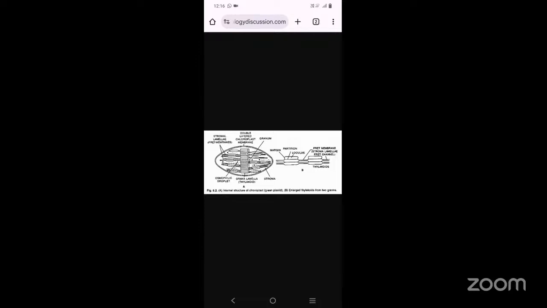But their amount is very small. These are insoluble in water and are precursors of vitamin A. There are two types of carotenoids, carotenes and xanthophylls.